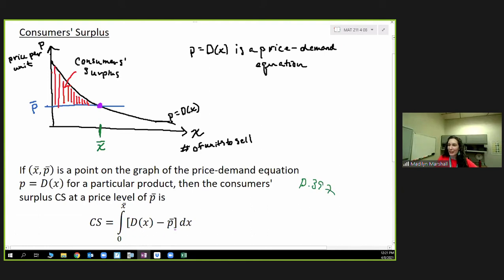And we're integrating the difference between the price people are willing to pay and the price that they're actually paying. So this subtraction in the consumer surplus is where the surplus comes from. We're willing to pay d of x, but we only have to pay p bar, so we have that extra money from that difference.